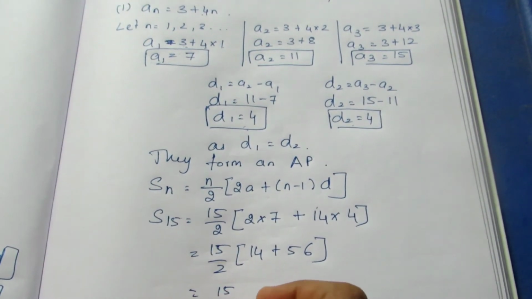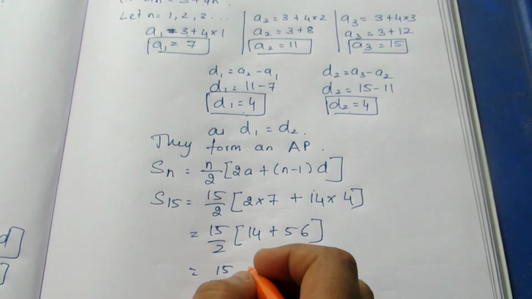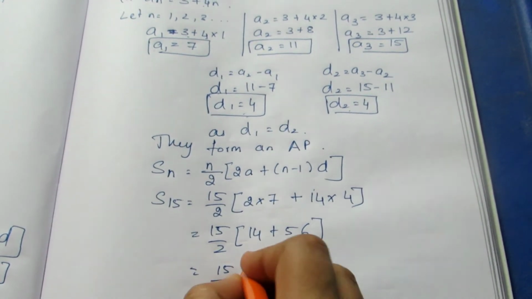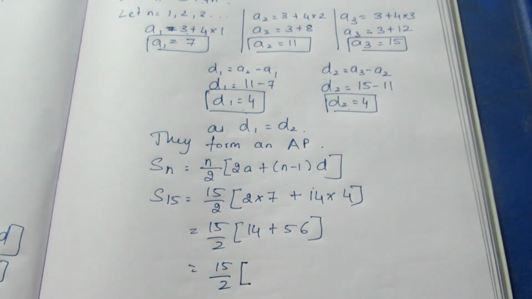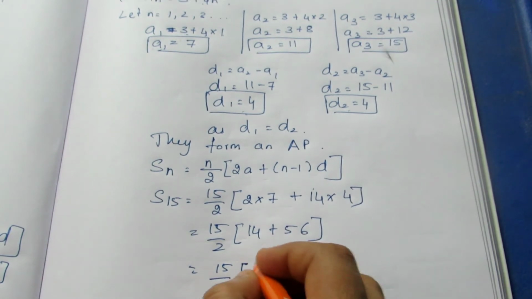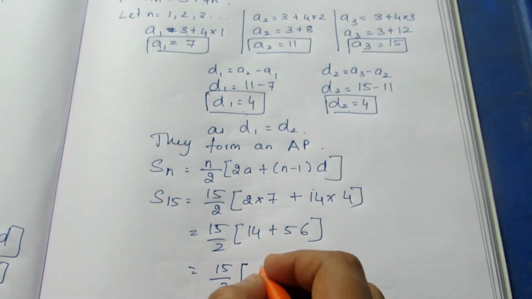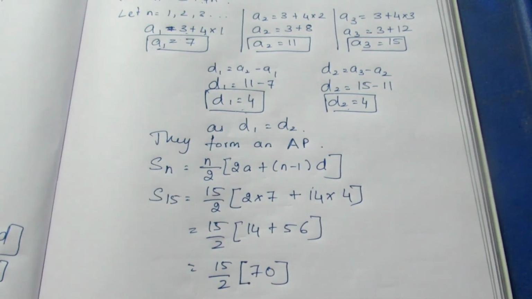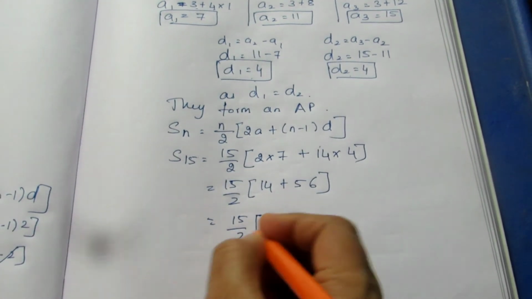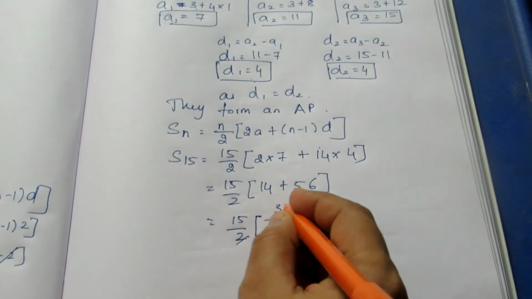Now 15 by 2, here you need to add, that gives 70. We can cancel this, and this becomes 35.